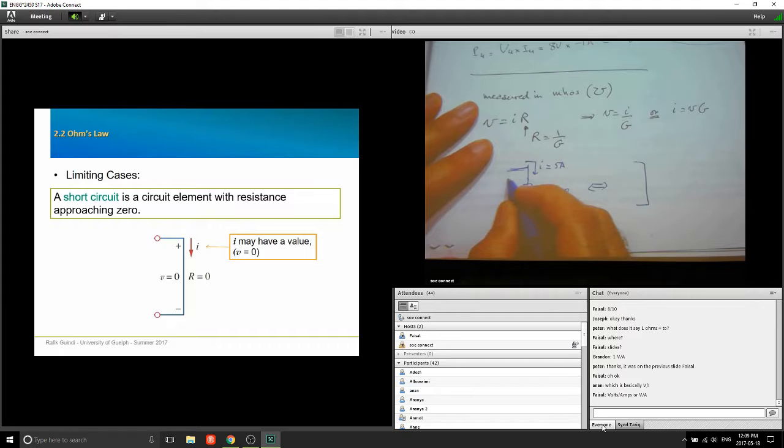How much would the voltage be, according to Ohm's law?